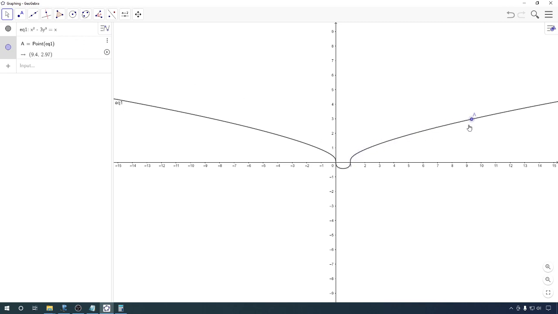But any other point on here, as long as we accept some rounding errors, all these points are going to satisfy our equation. And that's what our graph is supposed to mean. This represents every single point that does satisfy this equation, and maybe we can get some information about the equation from the graph, or vice versa.